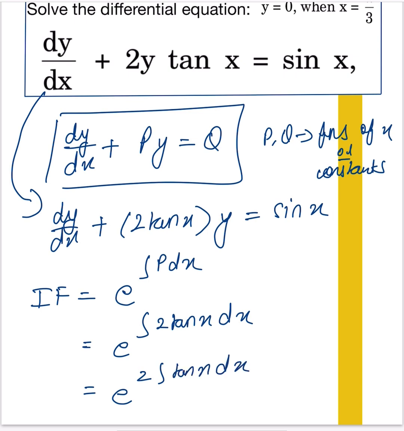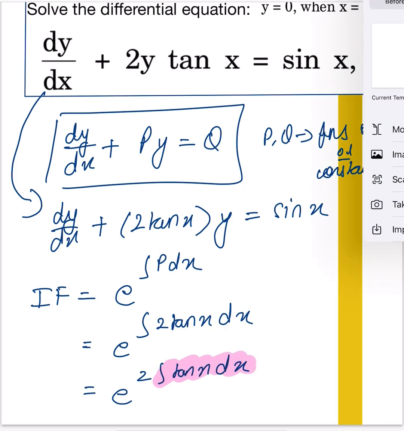So what do we have to do? We have to integrate tan x dx. And what is the integral of tan x dx? It is ln sec x. So our integrating factor will become e to the power 2 ln mod sec x. Ln, if you guys know, is nothing but log with the base e.